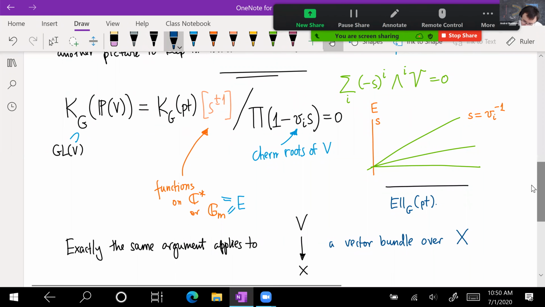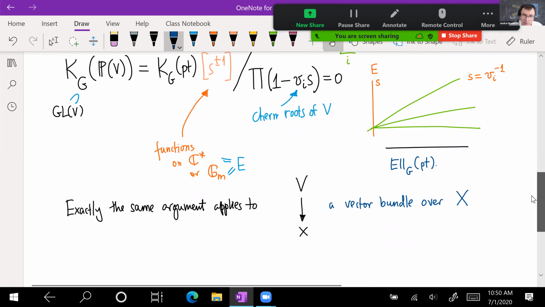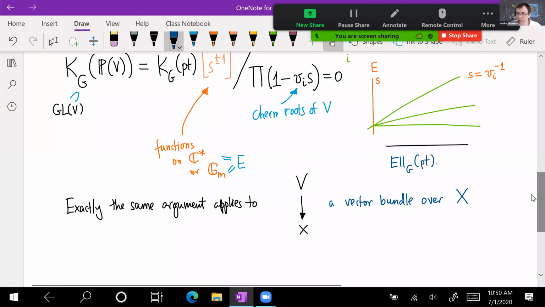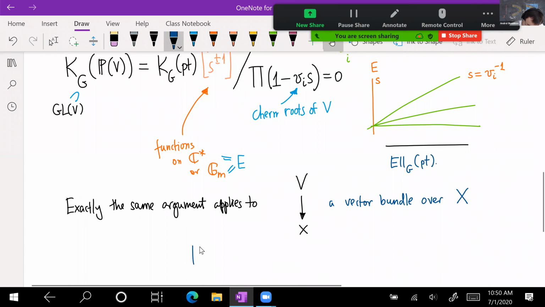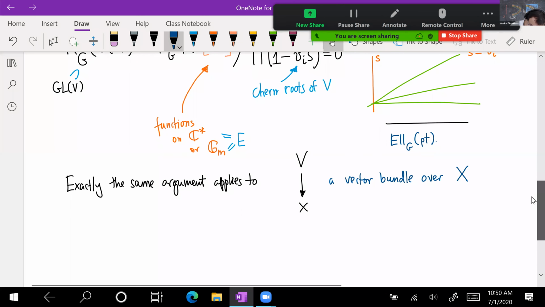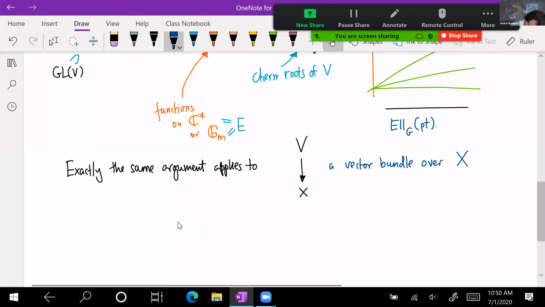A crucial point of this computation is what we remember from computing the K theory of projective space. We had to take the K theory of X, and then there was this map, G cross GL1, since P of V is a quotient by GL1.